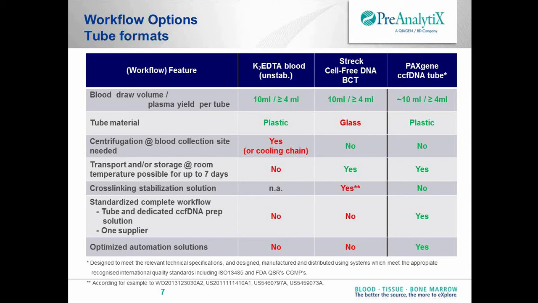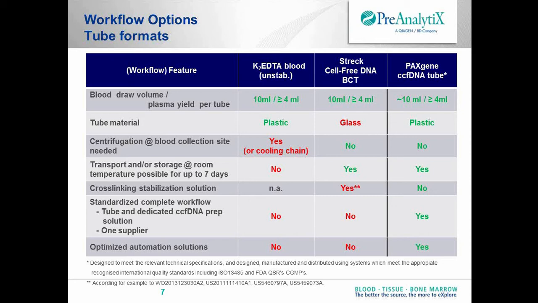We looked at the workflow for plasma generation and established protocols that ensure you have clean plasma out of our tubes, and then directly developed a dedicated procedure for isolating ccfDNA from this plasma in an automated way, with the QIAsymphony as an automated instrument behind this. So you get everything from one supplier and have a complete workflow from the sample to the ccfDNA in the end.